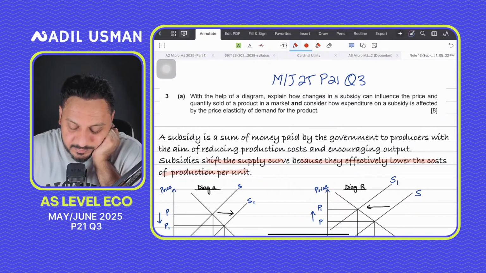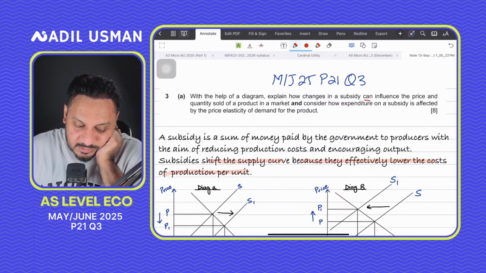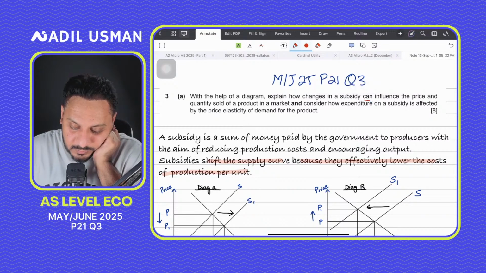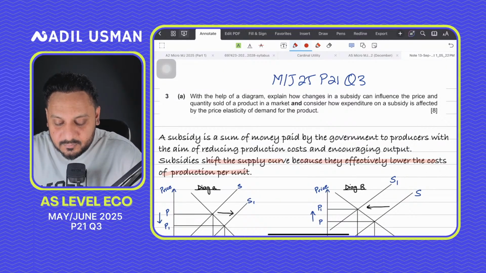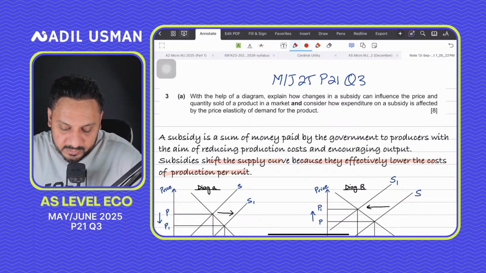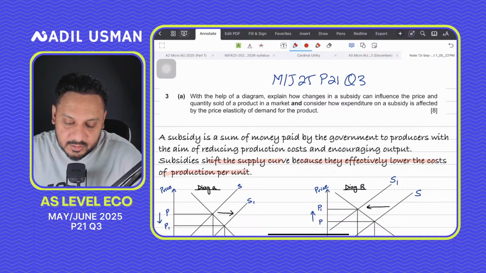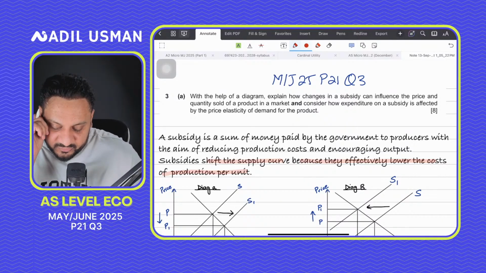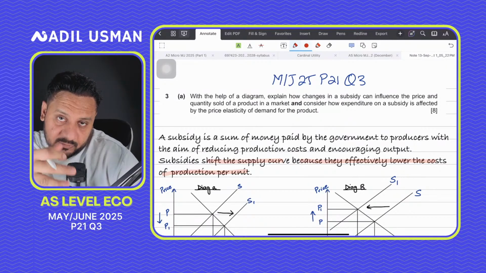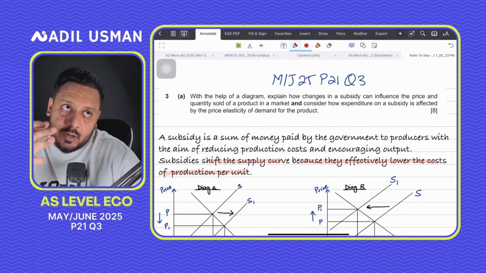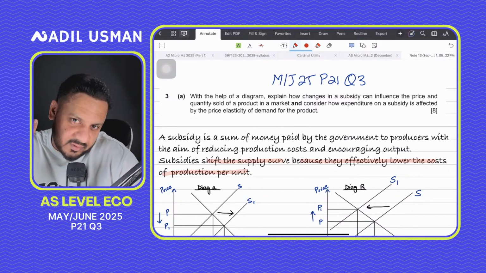So expenditure being affected by the PED, usually whenever these sort of questions come on subsidy, they usually ask about the impact on consumers or the impact on price and quantity, and how PED or let's say PES could affect that.